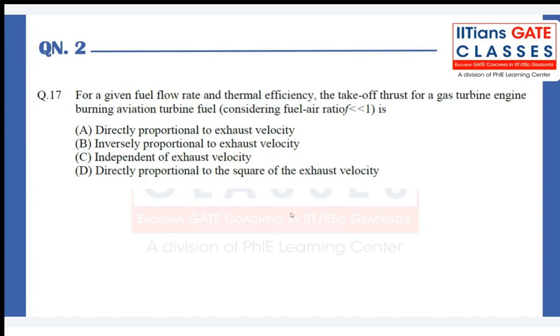So during the takeoff, you have to look at this problem from a different point of view.